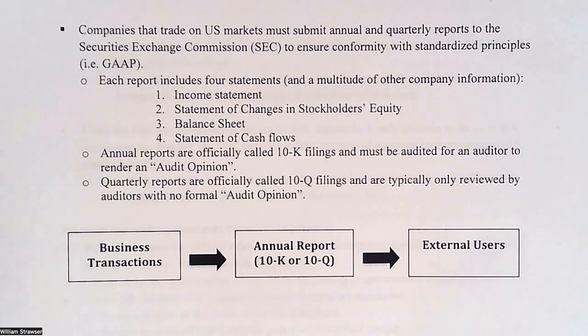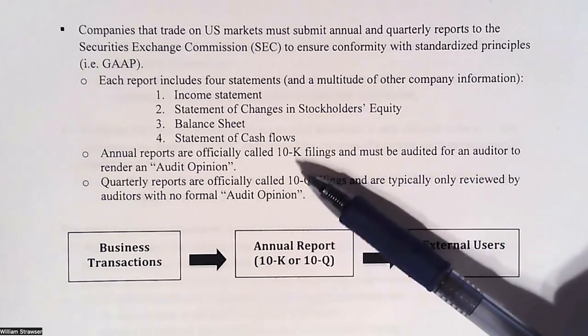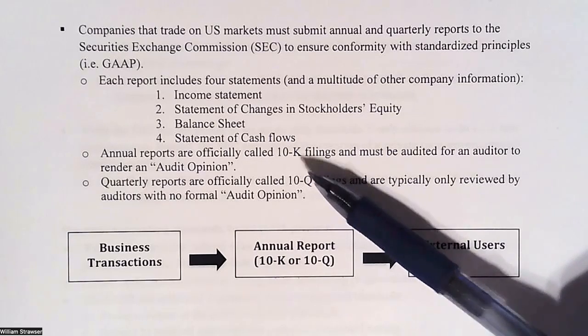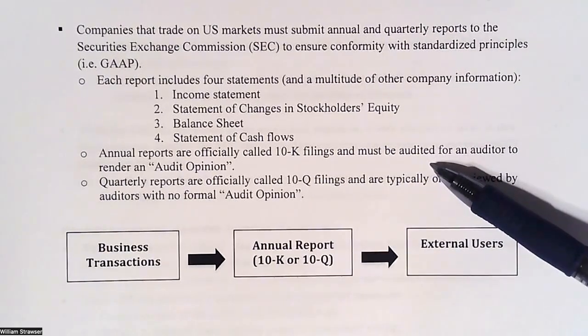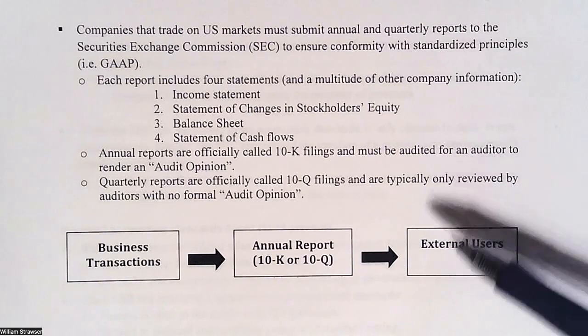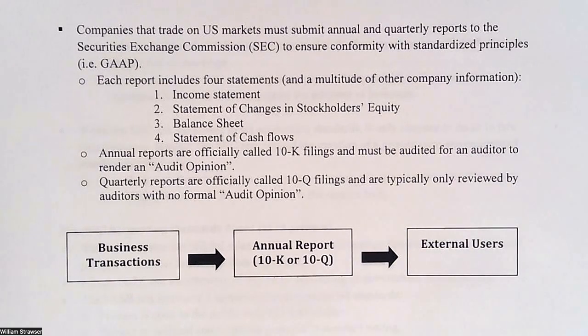So that you're familiar with the technical terms, annual reports are called 10K filings and require an audit. The auditor has to render an audit opinion on the annual reports of any company that wants to trade on public stock exchanges in the United States. There are also quarterly reports that are required.